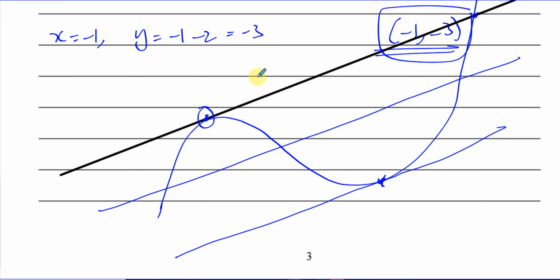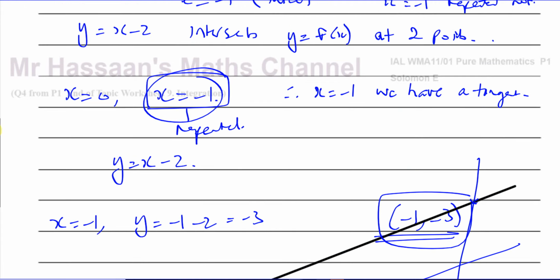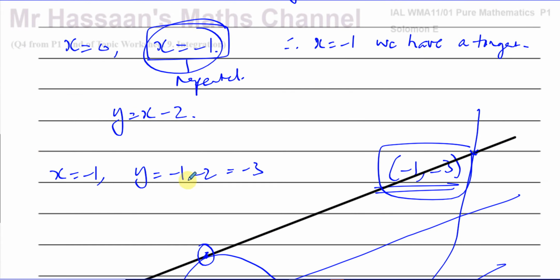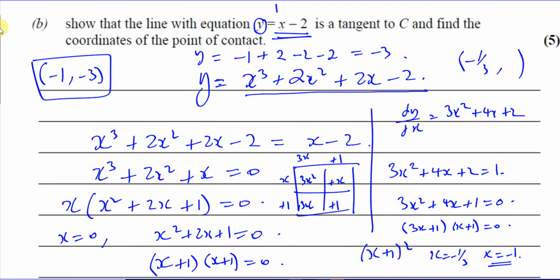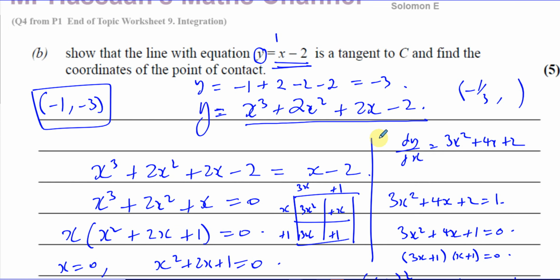So if I had found that the first one I tried did not give me the same y value as is on this line, then I would have gone to minus 1/3. Okay? How do you know that? How do I know what? How do you know that minus 1 is the correct value? It could be something else. Because that's a point that exists on the curve and on the line.